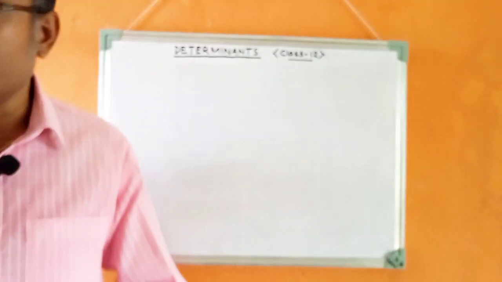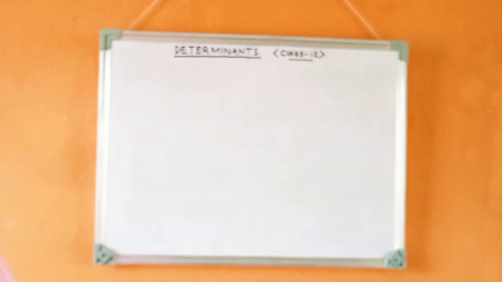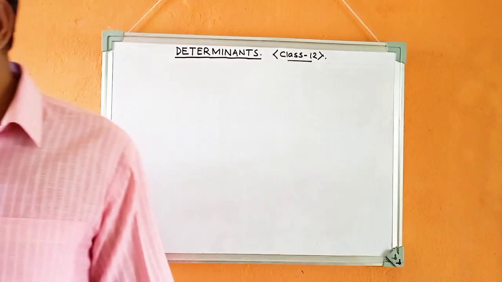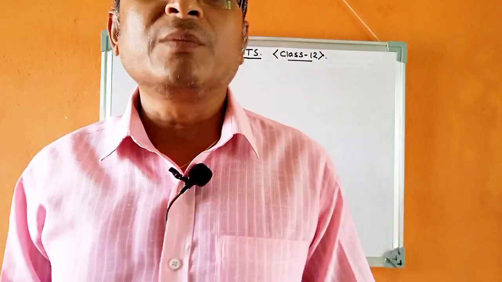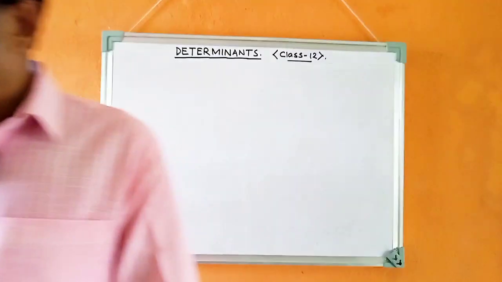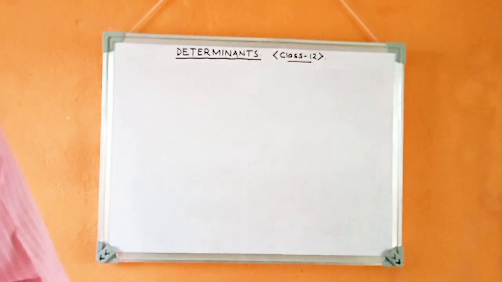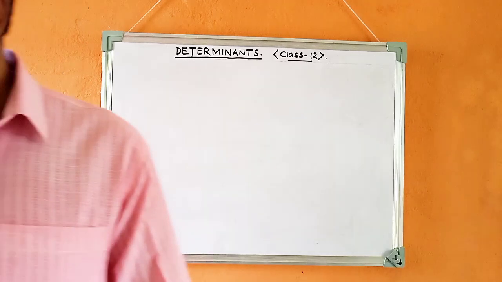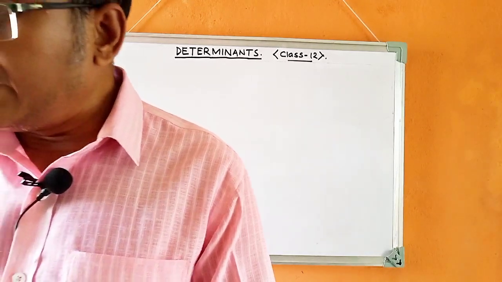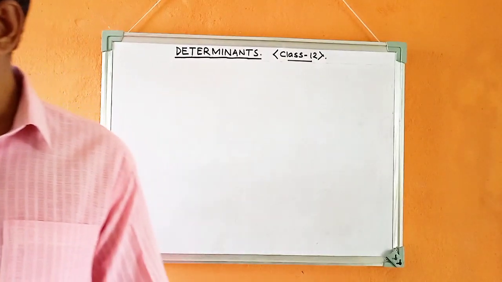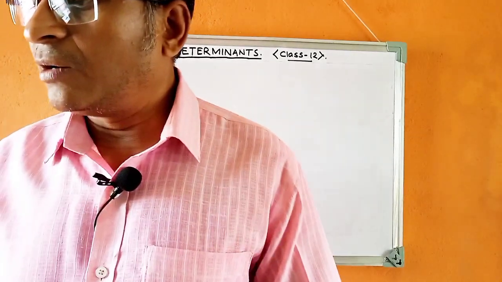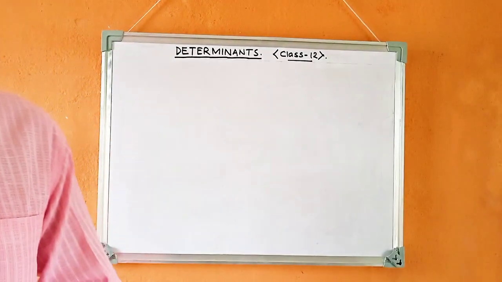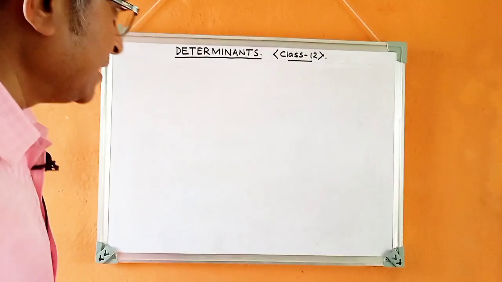Property number 5, listen carefully. The sum of the products of the elements of any row or column with the cofactors of the corresponding elements of some other row or column is 0. Let's see an example.